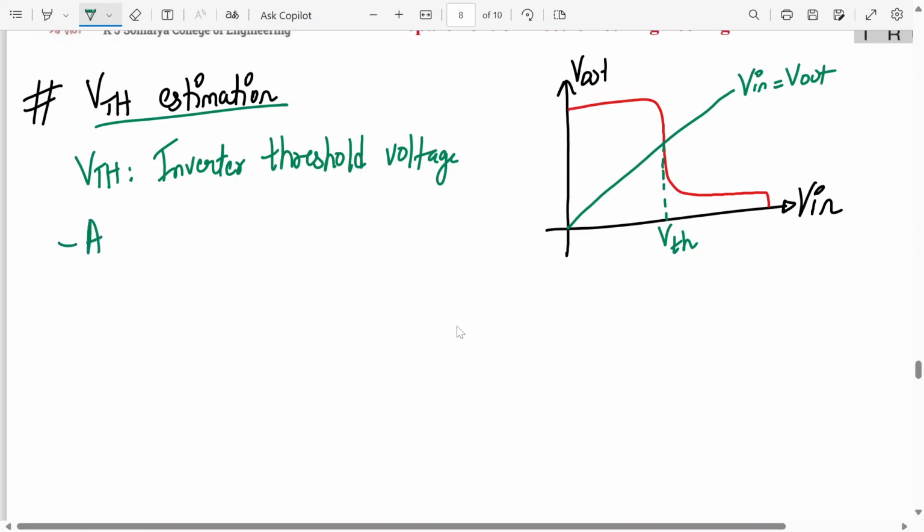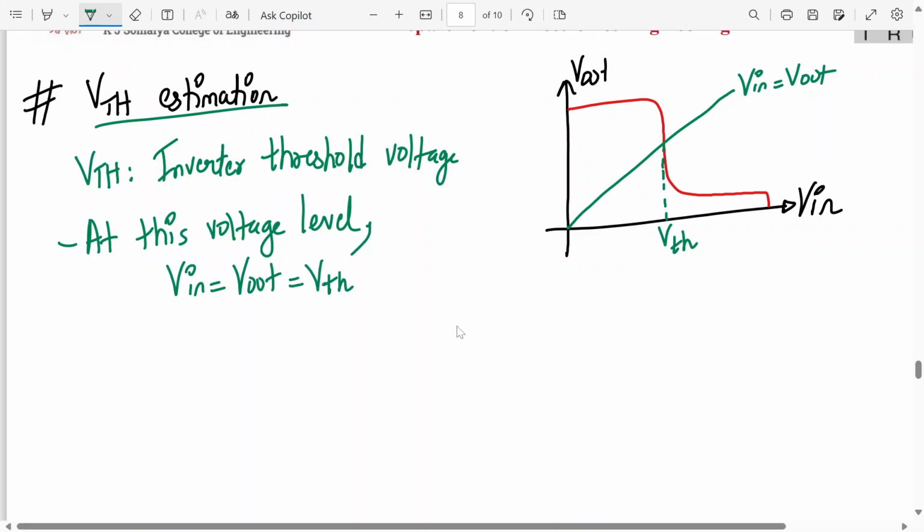At this voltage level, Vin is equal to V out. This is the line with a slope of 1. So Vin is equal to V out, which is equal to VTH. This is what is really important.